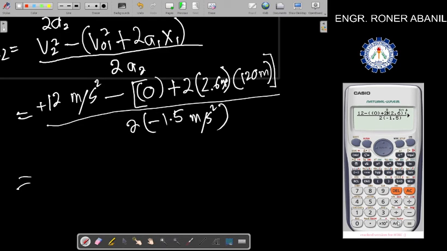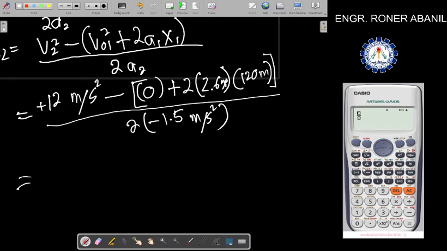Itong 2 na to. May mali pa rin. Check natin. 2 multiply by 120. Bakit 204 ang lumalabas? Dapat ang lalabas is 160.